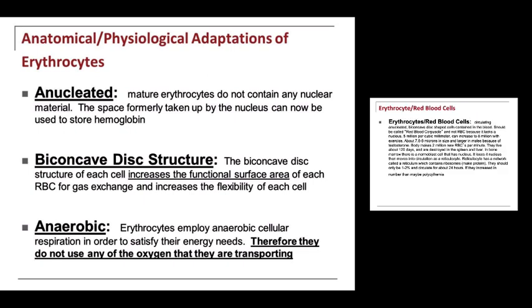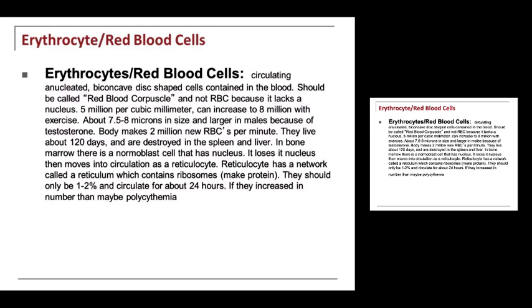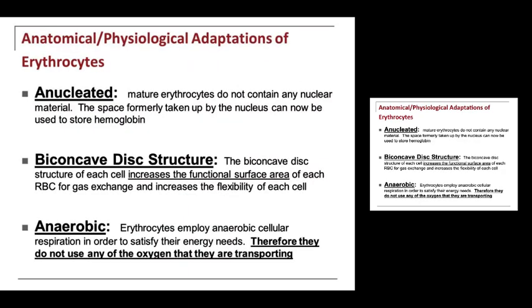And the kind of law or the effect that allows this to bind to oxygen is going to be something called the Bohr effect. So the Bohr effect, B-O-H-R, is pH relevant.